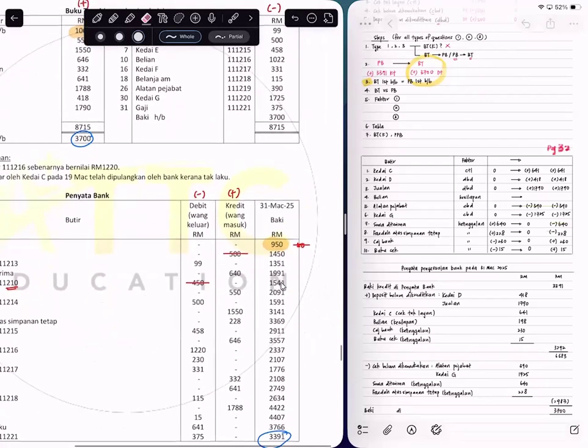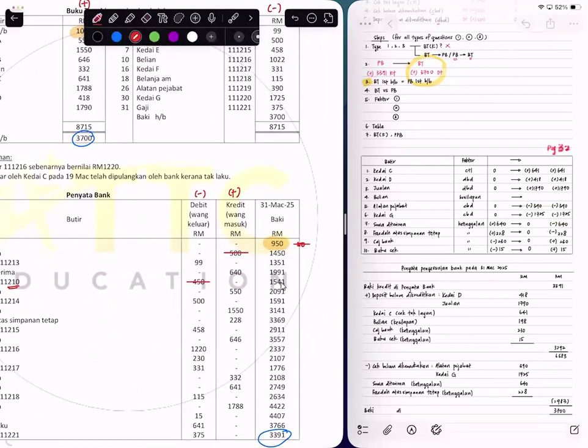In buku tunai, we saw 550 is showing the same in pengantar bank. 1550, yes, we saw it also. 646, yes. 332, yes. 641, yes. 1788, yes. 418, no. 1790, no. So circle out. We need to do correction for these two values.